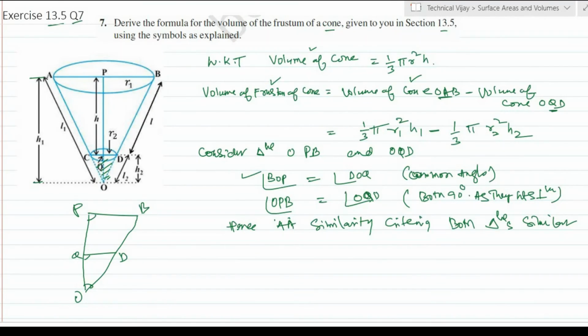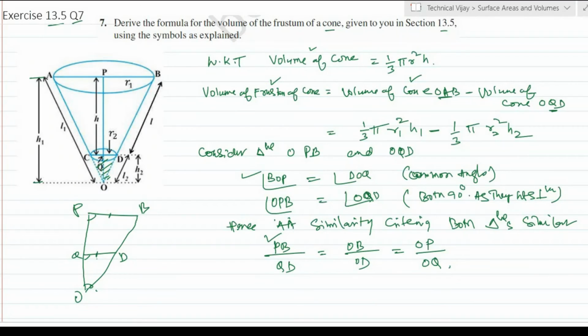So now they are similar, and I can write the corresponding sides as PB divided by QD, which is equal to OB of the bigger cone divided by OD of the smaller cone, and also equal to OP divided by OQ.